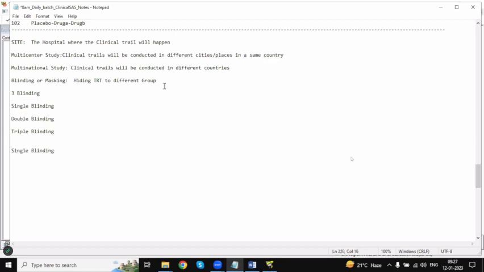What is single blinding? There are three different groups. One is patients, that's called subjects, and investigators, that is principal investigators.